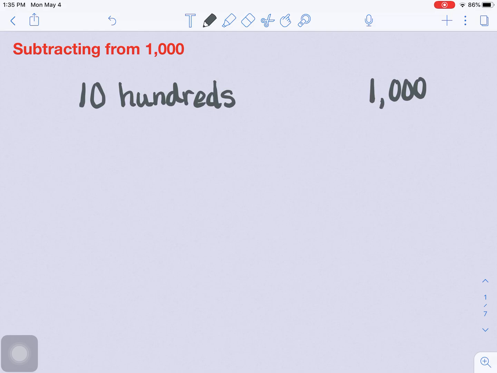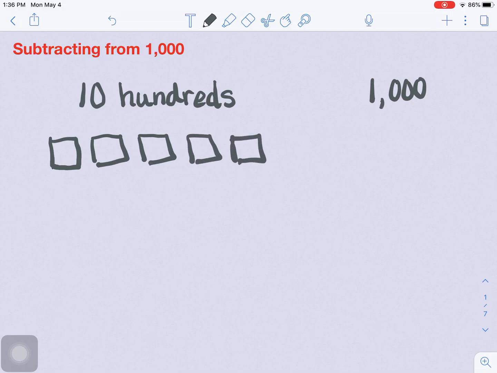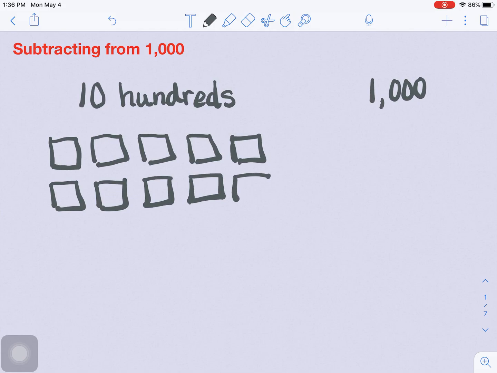If I have 10 hundreds and I ask you to draw a proof picture, you would know that you would make a square like this, and that is 100. So now this would be 200, 300, 400, 500, 600, 700, 800, 900, and 1,000.